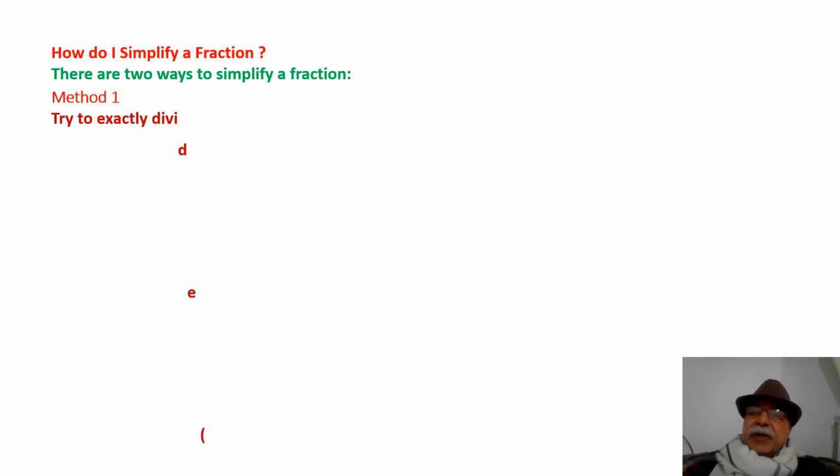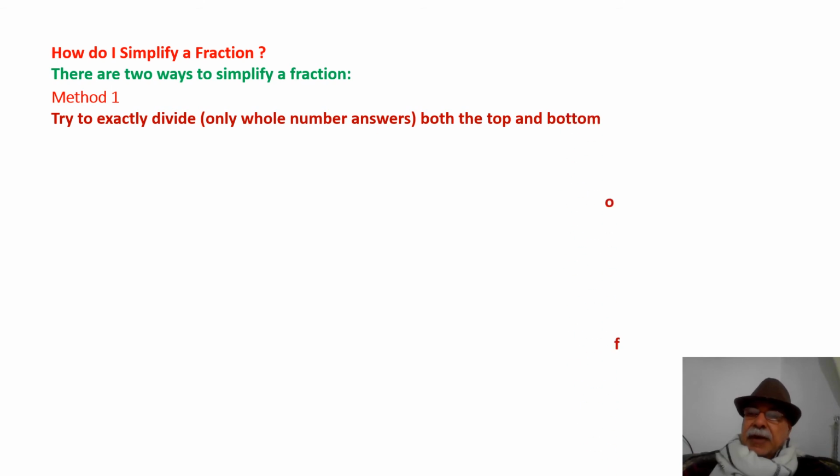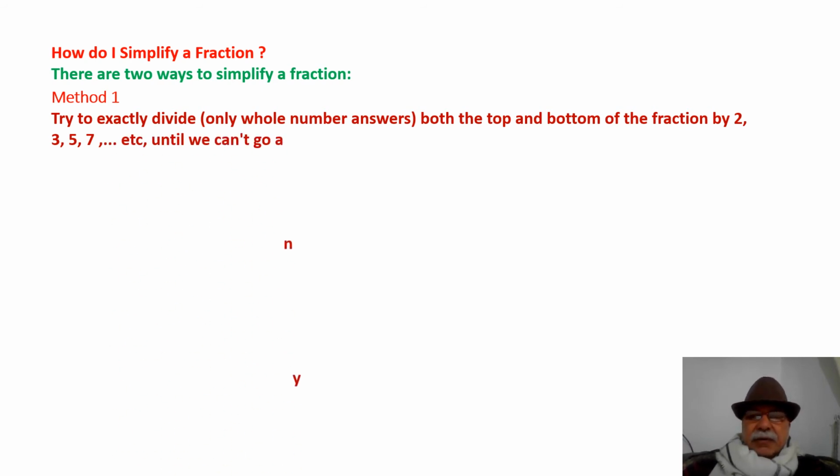Try to exactly divide by only whole numbers. Divide both the top and bottom of the fraction by 2, 3, 5, 7, 4 until we can't go on further.